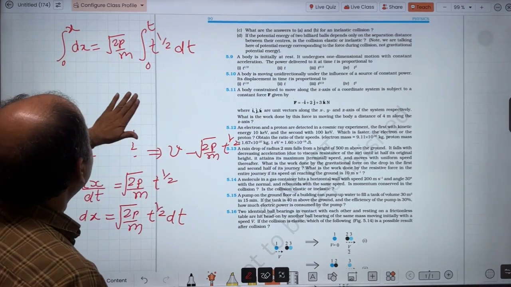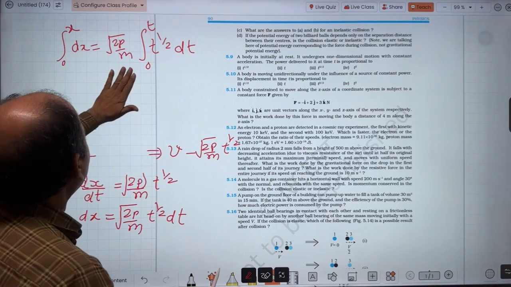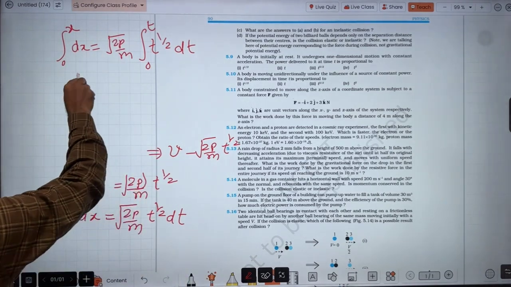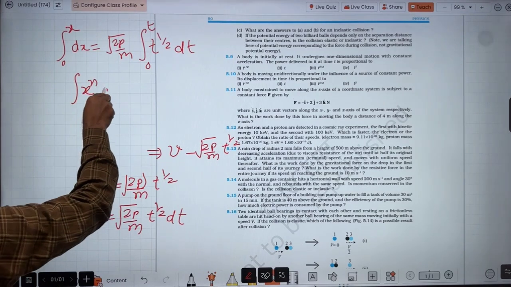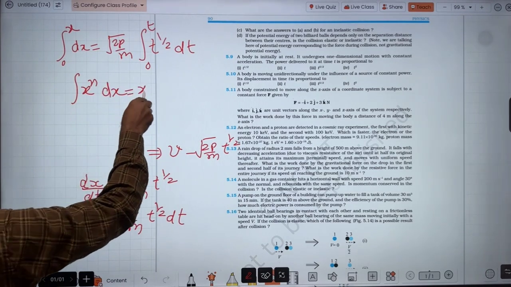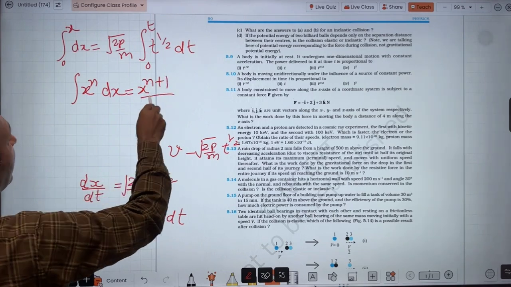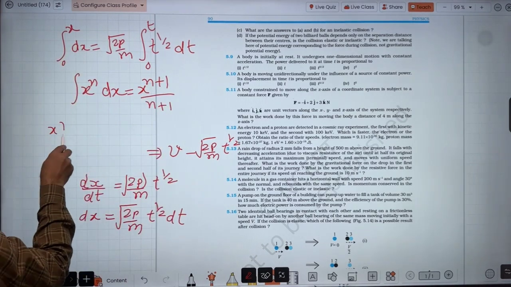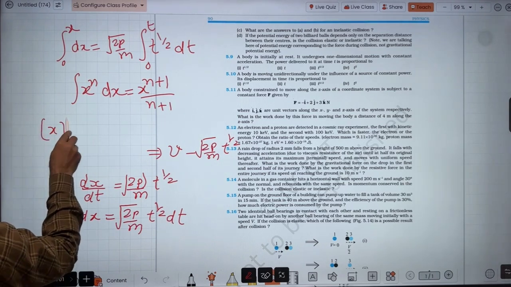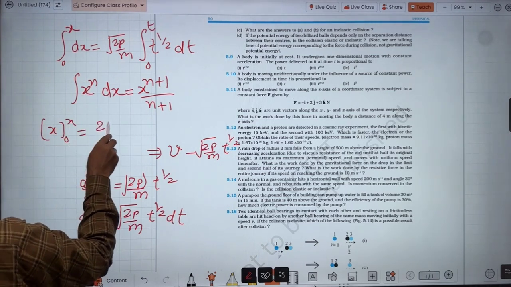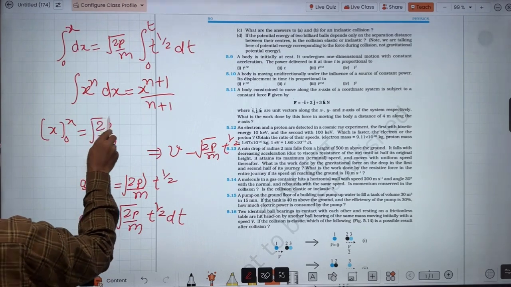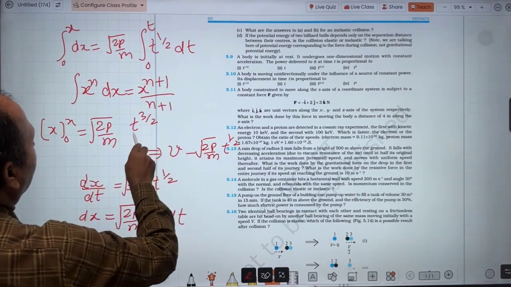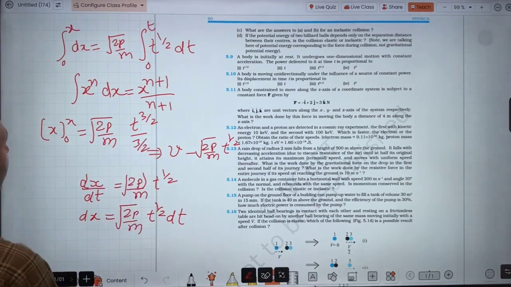If you remember the concept of integration, as I told you earlier, integration of x power n dx gives x power n plus 1 upon n plus 1. So here this will become x. We put the limits 0 to x, and root 2p upon m into power of t will become 3 by 2 divided by 3 by 2.